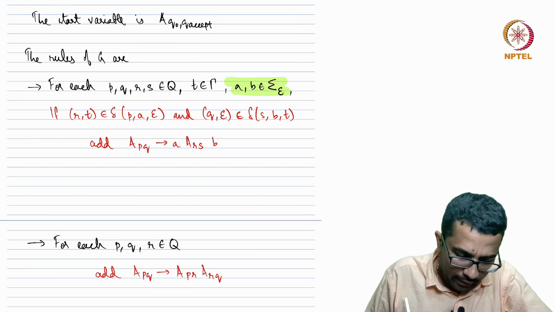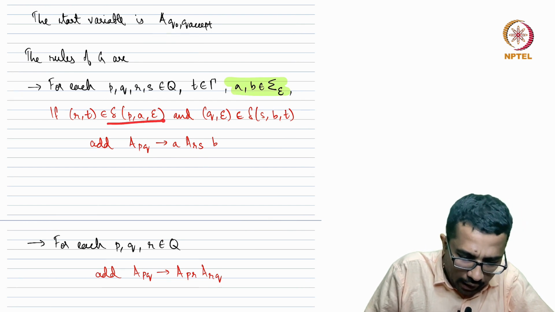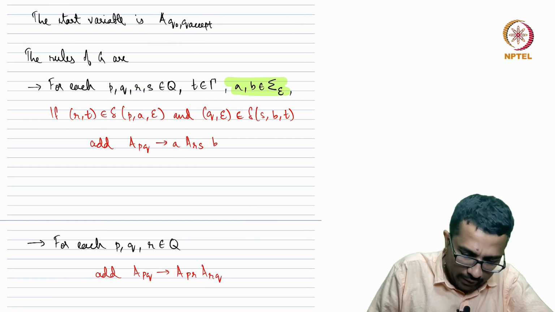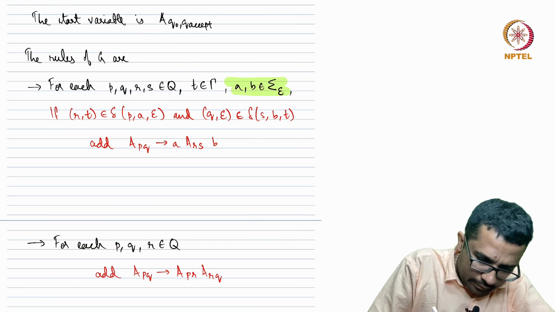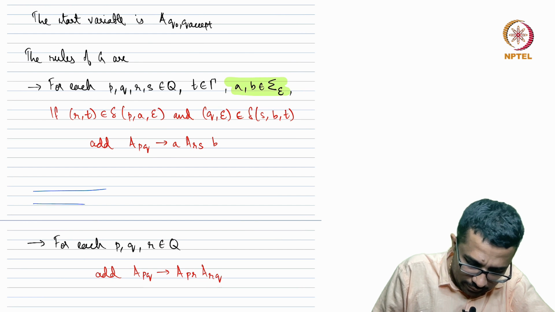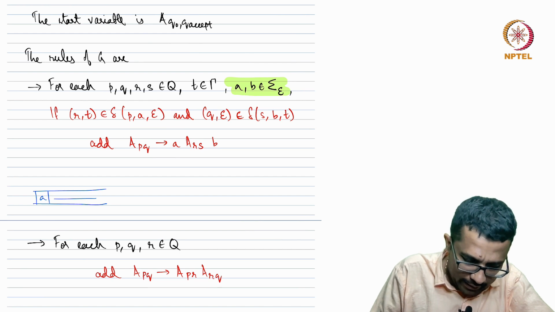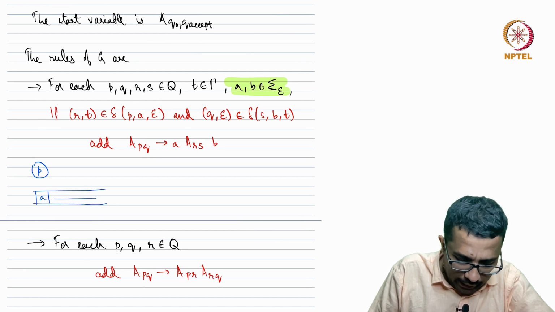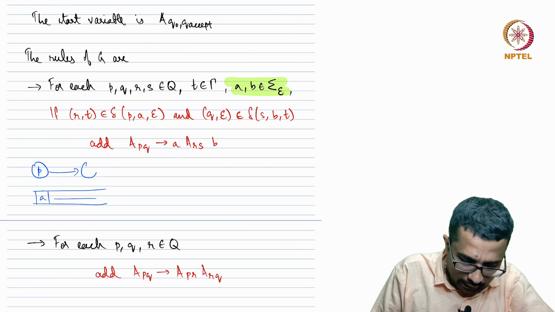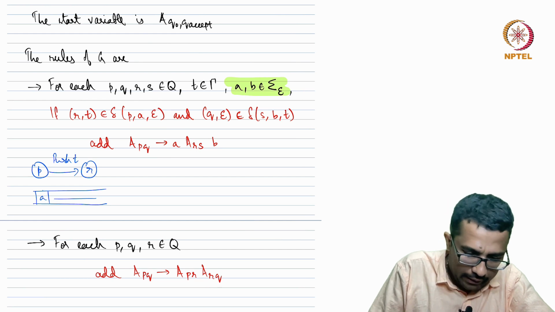So what are we saying here? We are saying that if RT is in delta PAE, meaning you have the input, okay, so the next symbol from the input is A, and you are in state P, so you are able to read A and move to state R while pushing T, and you are popping nothing, so epsilon is popped.